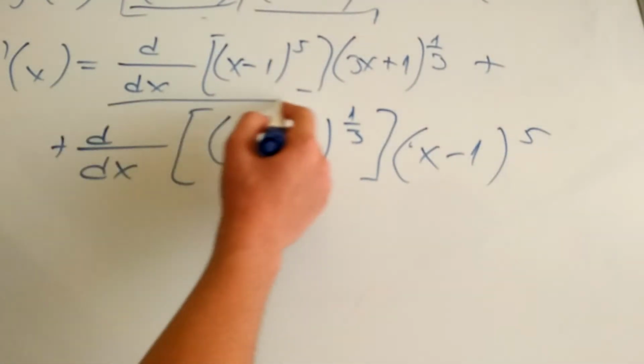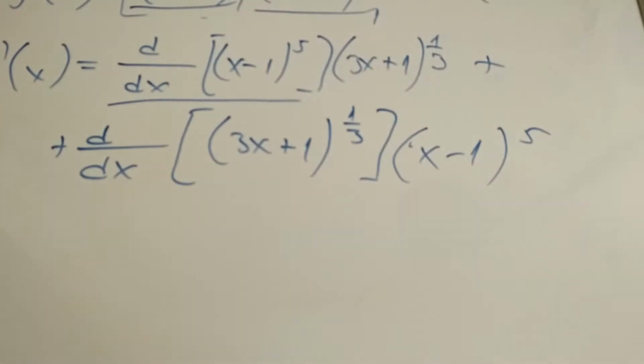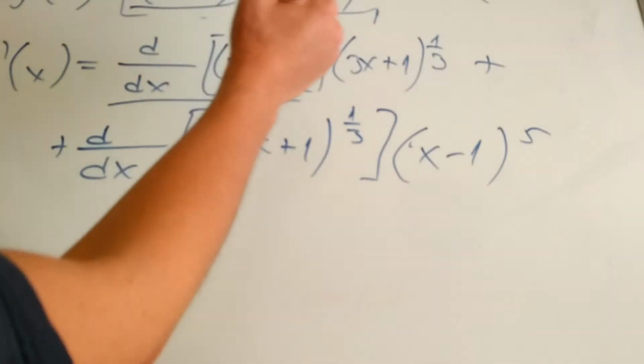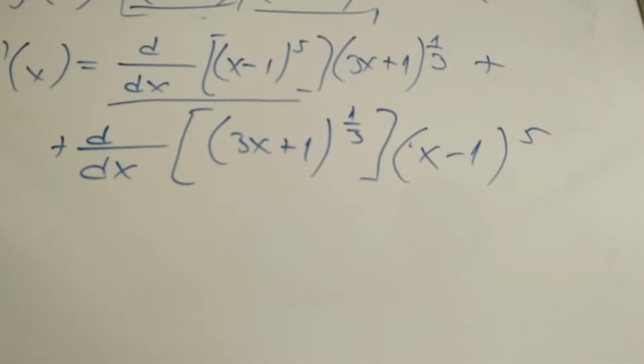Now, the derivative of (x minus 1) to the fifth power. Here we need to use the chain rule. So, if you remember, since we have an exponent here, what we will do is put that exponent as a factor and then decrement the exponent.